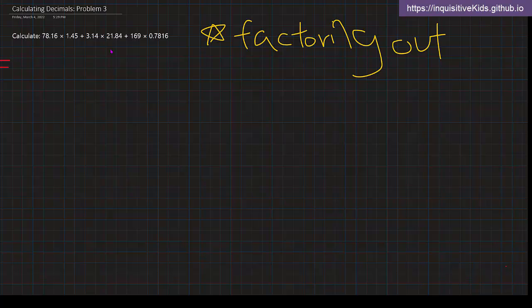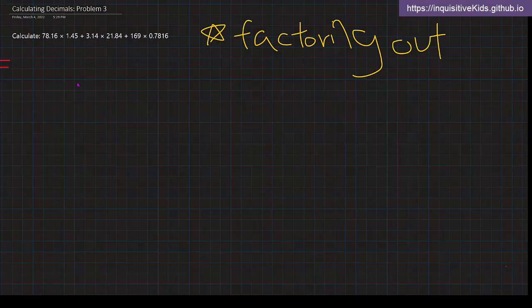So we have 78.16 times 1.45 plus 3.14 times 21.84 plus 169 times 0.7816. Let's first think about what we can factor out here. Do you see any repeat of digits?